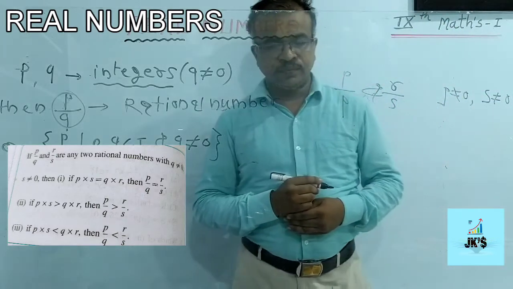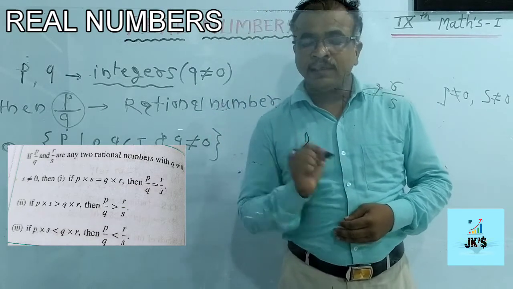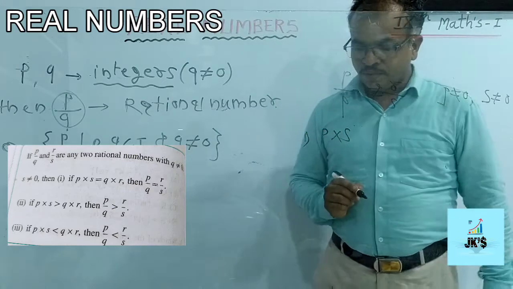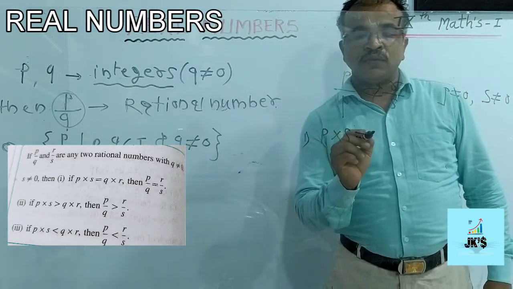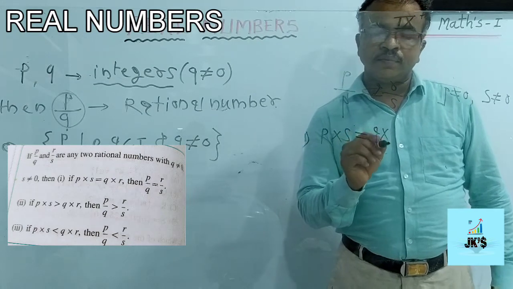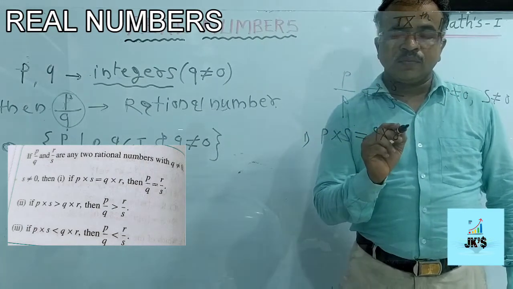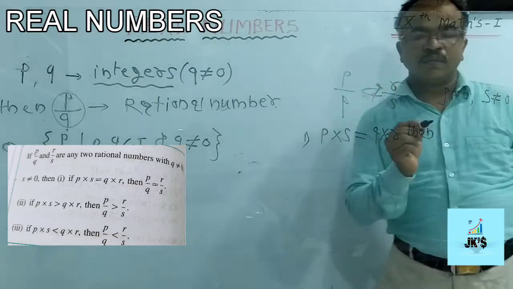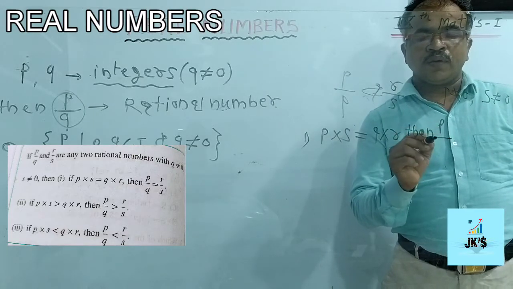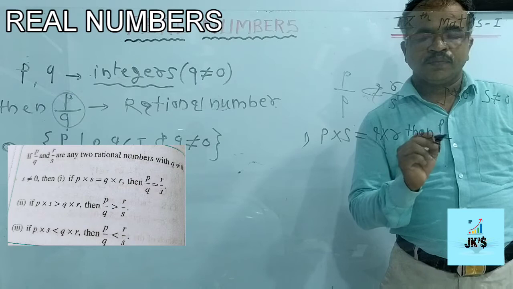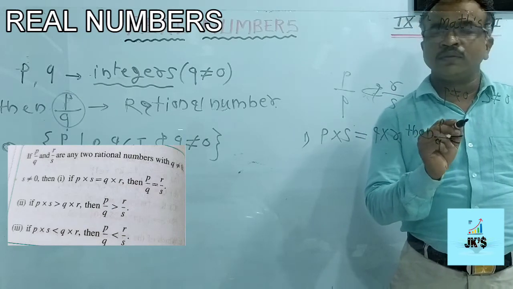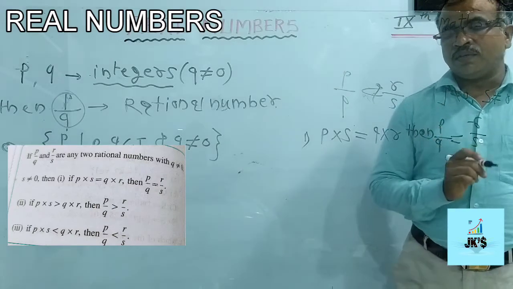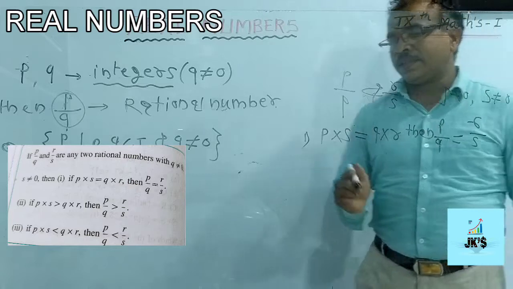First condition: if p into s equals q into r, then p upon q is equal to r upon s.